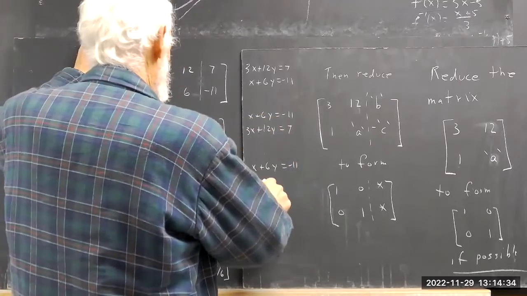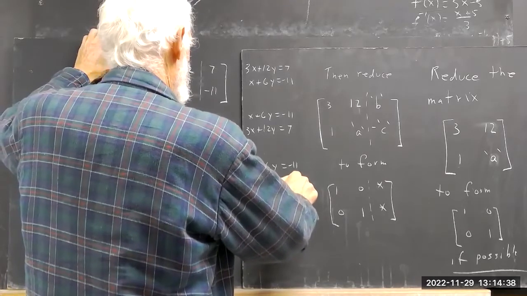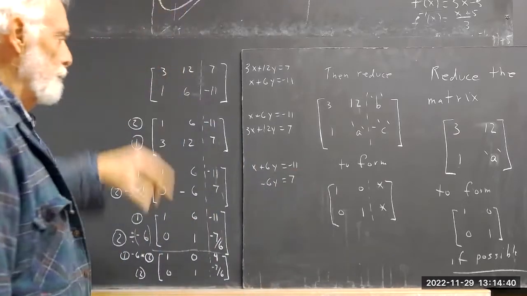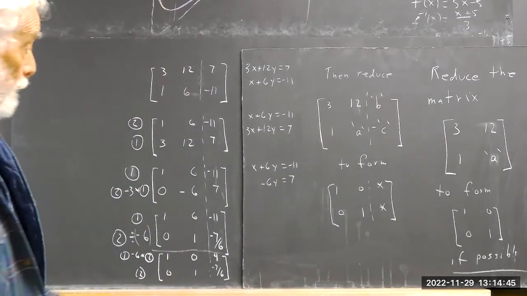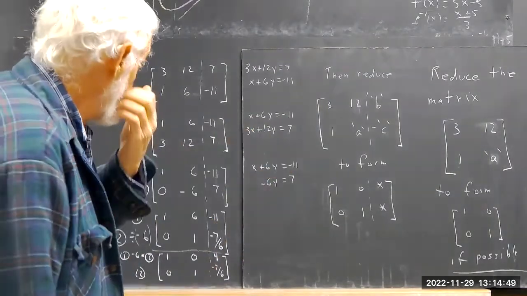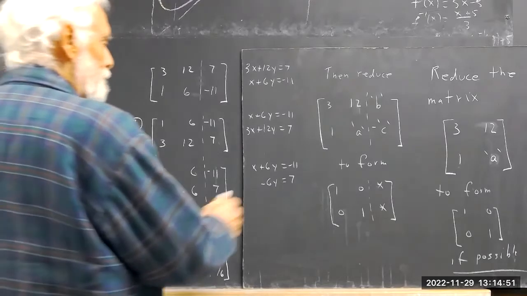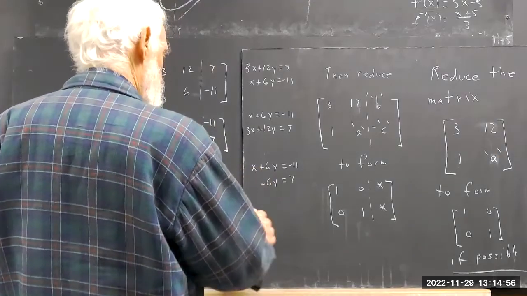This stands for negative 6y equals 7. Again, if you had the equation, it'd be convenient just to add this equation to this one, and you'd have a solution for x, but that doesn't usually happen. So we're going to continue as we did here.